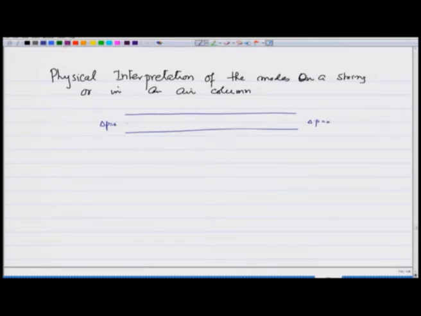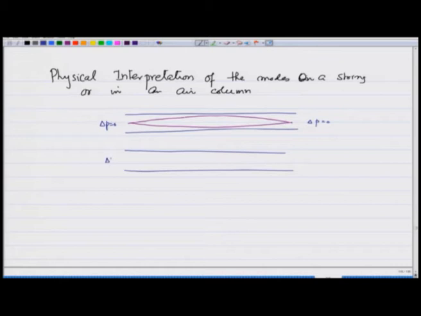So, it could vary like this, maximum in the middle, and then it keeps changing with time, or it could vary like this, being 0 at the ends and in the middle it would be like this, and so on.